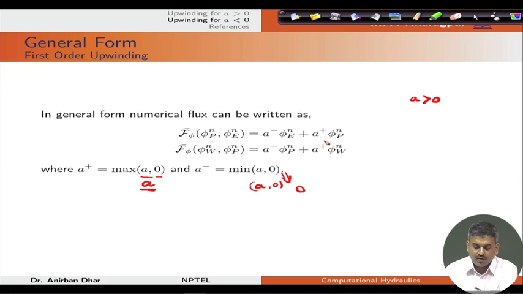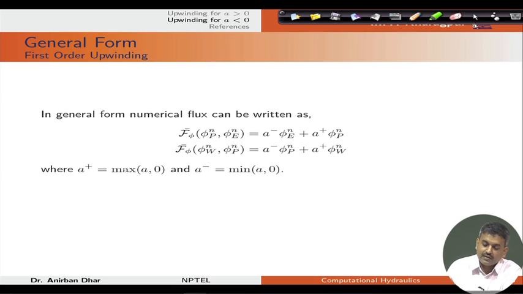That means only P will be considered and W will be considered if a is greater than 0. But if you have a less than 0, the minimum will be considered. So, this will be a, and the maximum of a negative quantity and 0 will give 0 value. So, in this case we will have E and P terms or first terms.